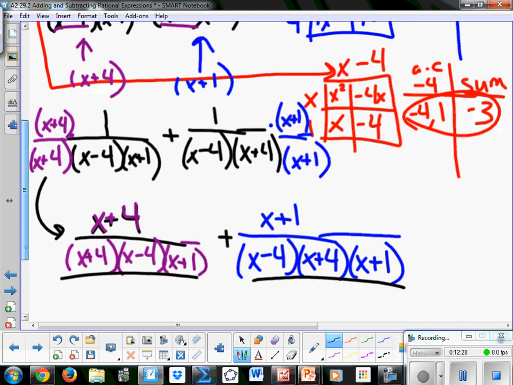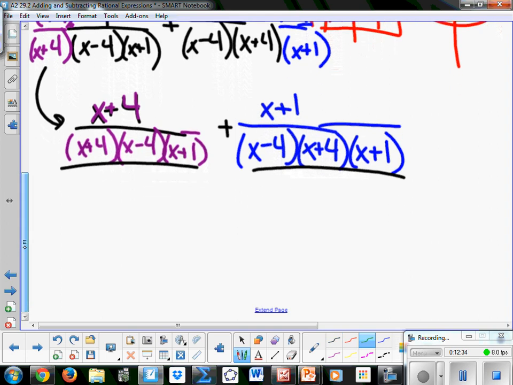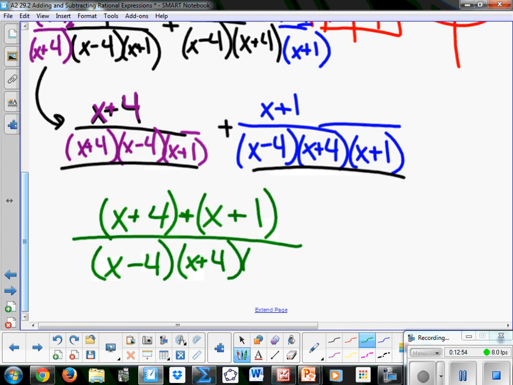So now that we have them the same, we can just add those numerators together, just like we did with all sorts of other fractions and like we did with our last example. Okay, so I'm going to write it as (x plus 4) plus (x plus 1). I'm going to keep these in parentheses though, just to show where they come from is a little different. Okay, but then we're just dividing by x minus 4, x plus 4, and x plus 1.